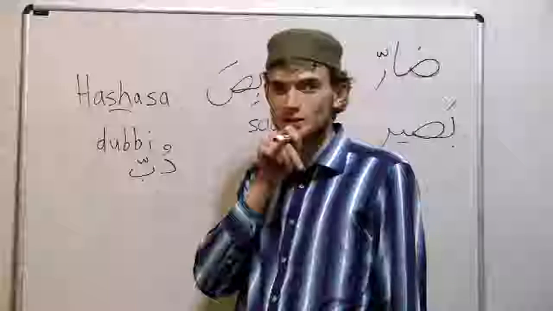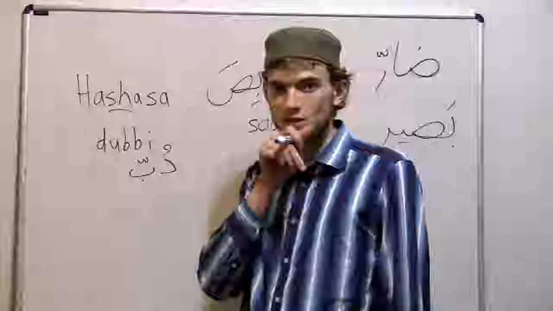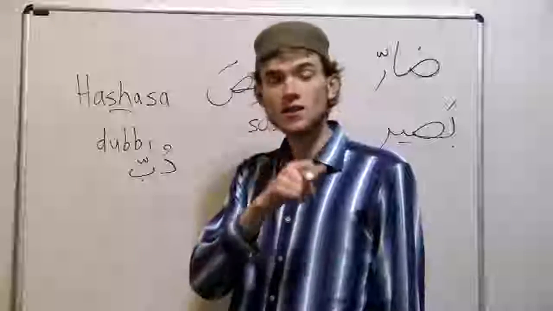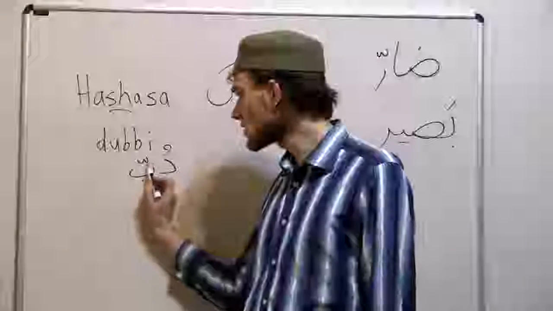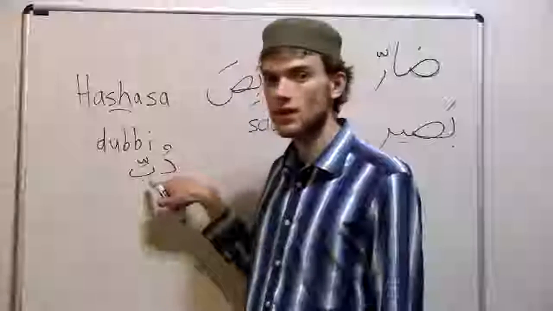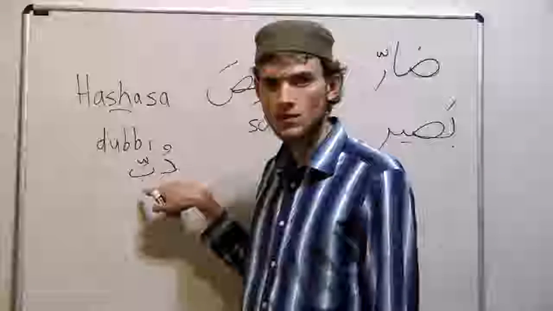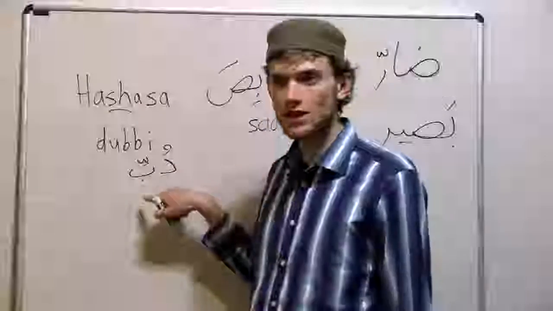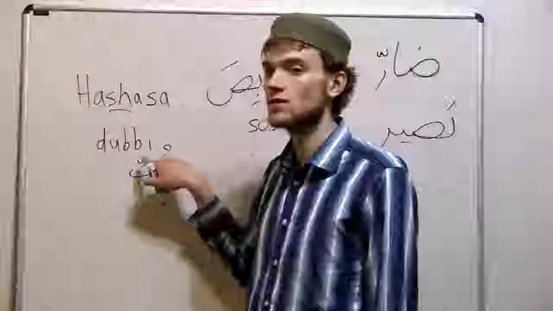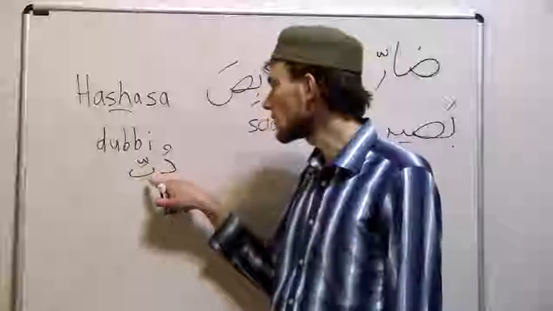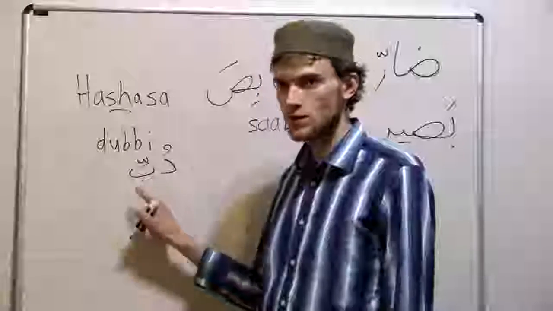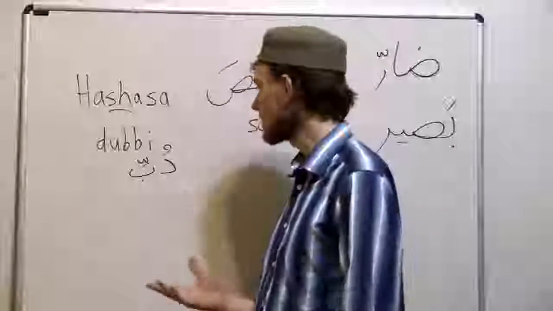Now where are we going to put the kasra? Anyone remember this? Underneath the shadda, right. So it actually goes above the letter itself, but under the shadda. Normally the kasra would be completely under the letter, but when we have a shadda, it goes under the shadda, right? Everyone say for me, dubbi. It's not really a made-up word.